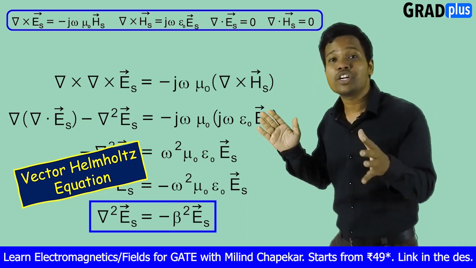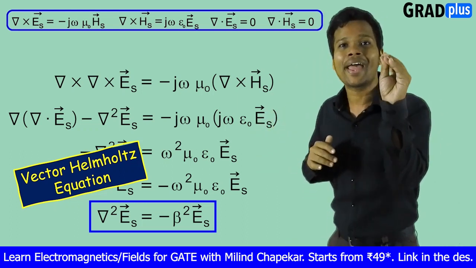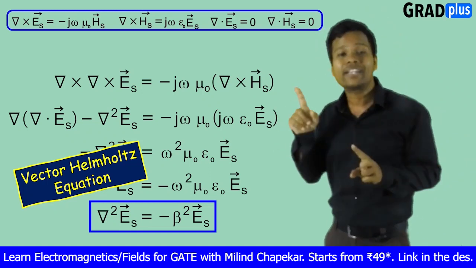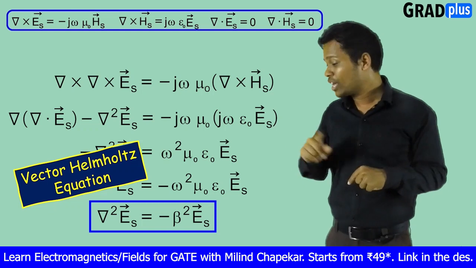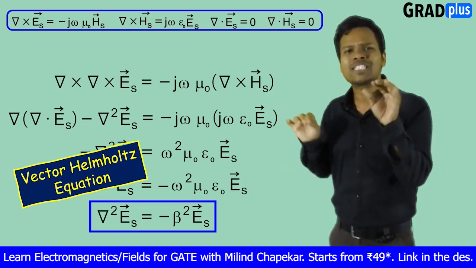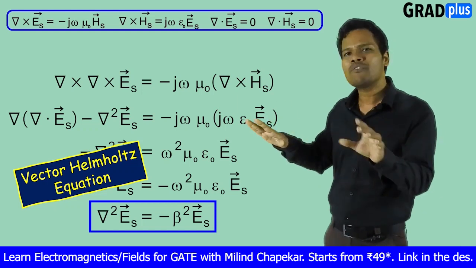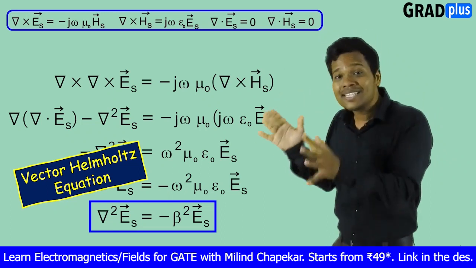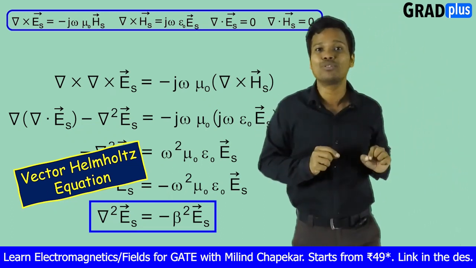Del square of the vector field E equal to minus beta square times the vector field E, and of course the subscript s is for the phasor representation, as I have just told you. Okay, so this is your vector Helmholtz equation.